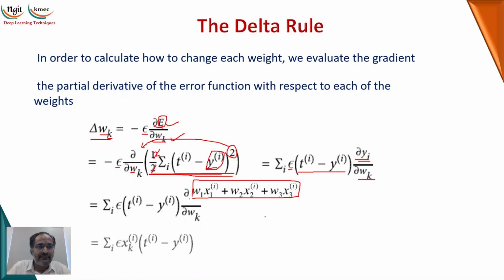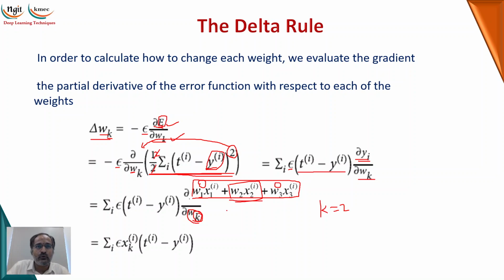Now if you apply the derivative with respect to wk, then all the other terms will be cancelled. Only the k term will remain. Let us say for example k equals 2. In this situation this term will remain, and the remaining terms will become zeros.